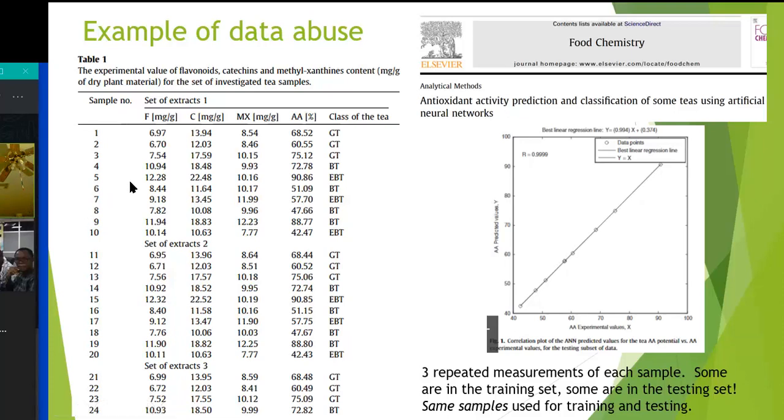What they did was they took all of this data and they divided it into training and testing. Some of the data was training, some of the data was testing. Now, some of these samples went into the training, some went into the testing. For instance, this first sample might have gone into training, and then this sample went into testing. Now, of course, your testing data is almost an exact duplicate of your training data. So what you're doing is you're cheating.